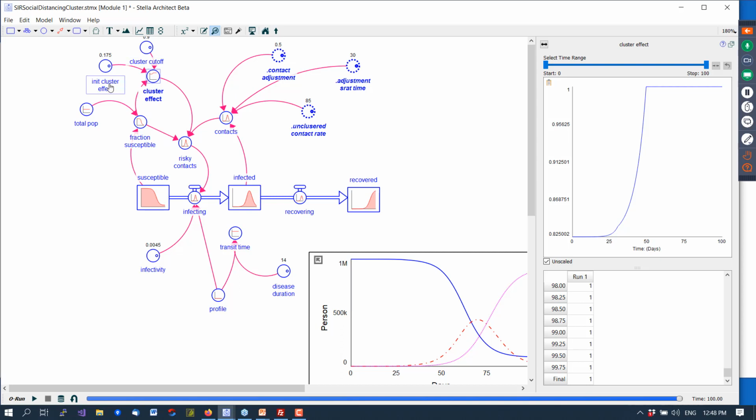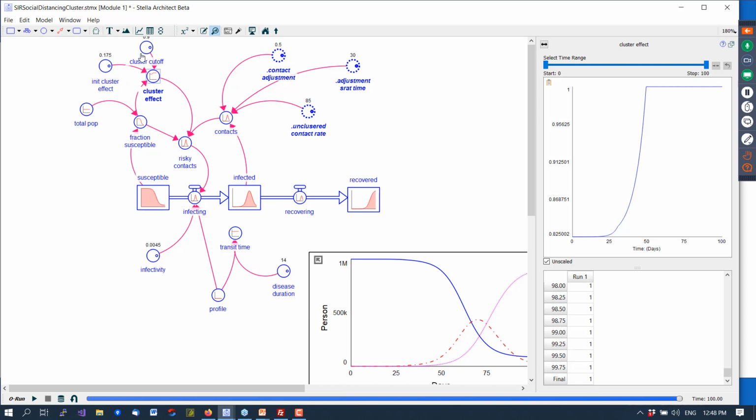And what the cluster effect does is, at the early stages, when most of the population is susceptible, it actually decreases the infectivity across things. It slows the progression of the disease, which is the kind of thing you will see when you have things working within a cluster. So this is a mechanism for dealing with the fact that we're treating people as if they're all in the same place instead of having clusters of the disease break out, and it compensates for that.